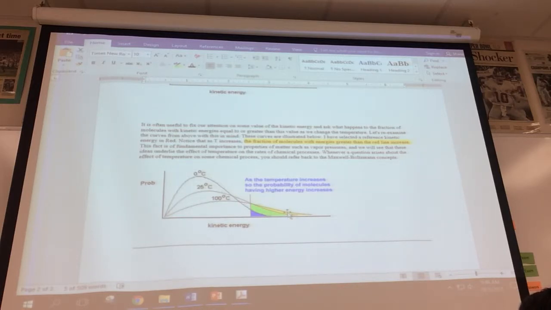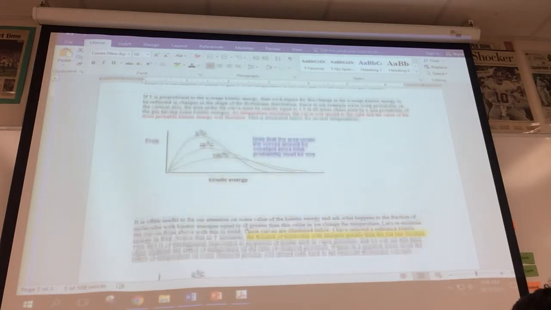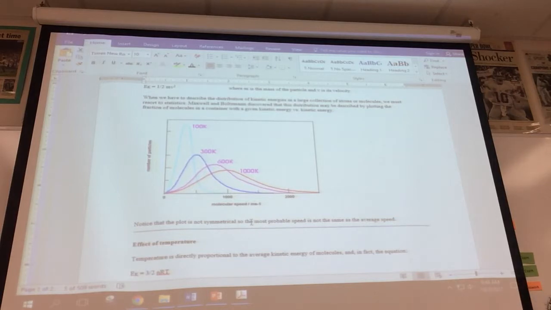So this is the 100 degree, this is the 25, this is the 0. And if you consider the probability now, you have a greater probability at a higher temperature of higher kinetic energy. If I said to you which curve corresponds with the lowest temperature, it would be this one, highest temperature. And if you were asked to draw it in, could you do it?